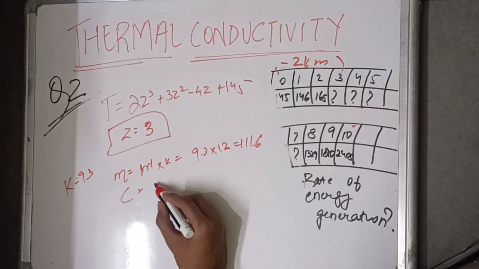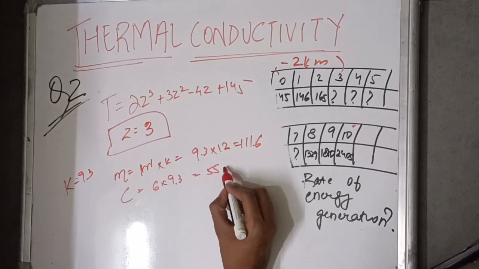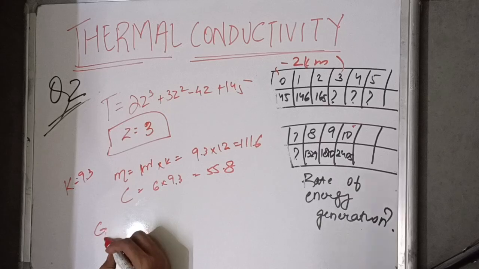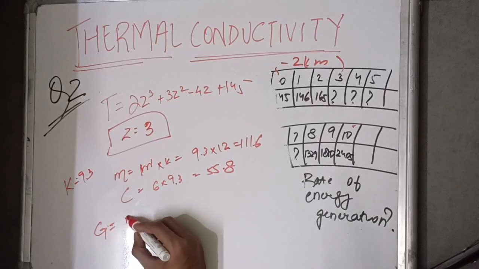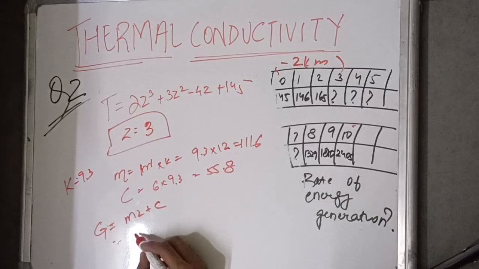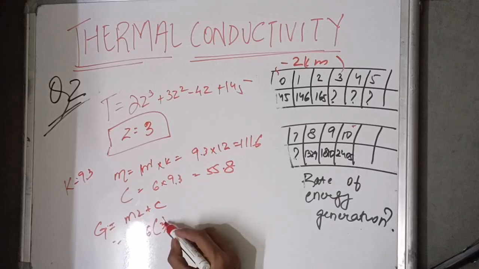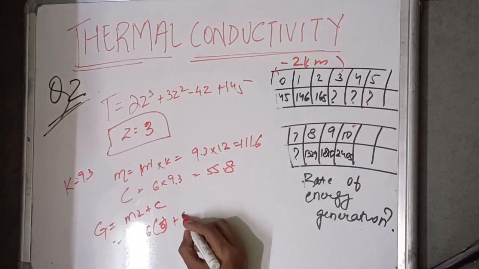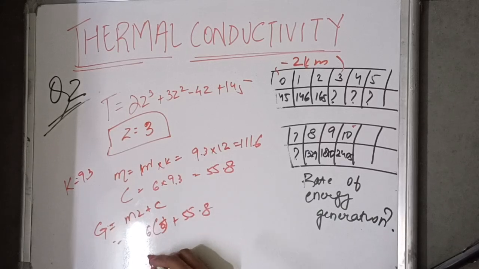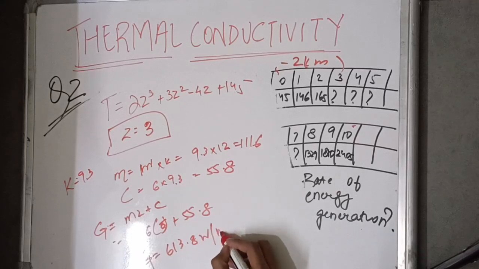We got the value of c as 6 into 9.3. We assumed in the start the equation of a linearly increasing straight line was mz plus c. We got 111.6 into z, at a distance of 5 as given in the question, plus 55.8. We got the value of heat generation as 613.8 watt per meter cube.